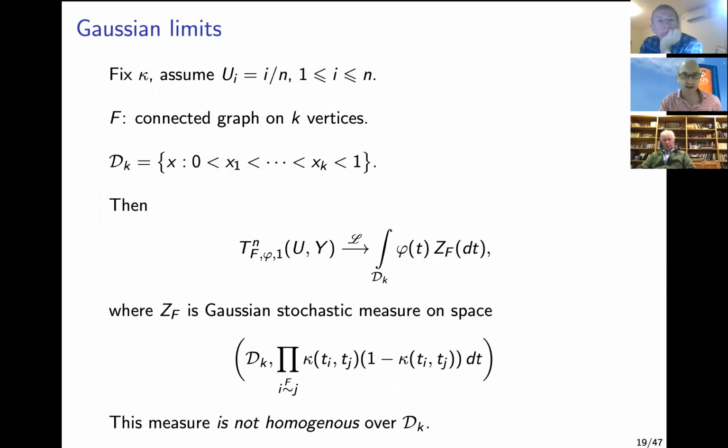Now, what are the Gaussian limits? I think that's the most interesting part of this project, to identify what the limits are. Let me focus first on the easier case, which does not quite fall into this Janson-Nowicki generalized U-statistic theory, because in this case the U_i are not independent, but we can put them on a lattice of span 1 over n, and so we just put U_i equals i over n.